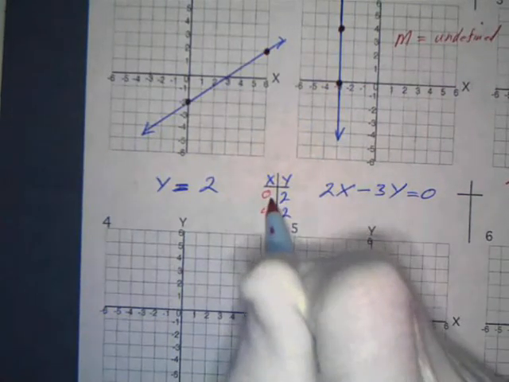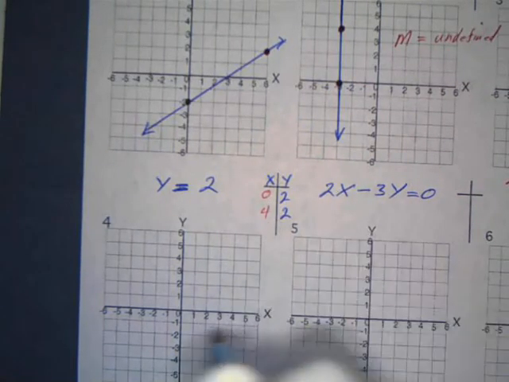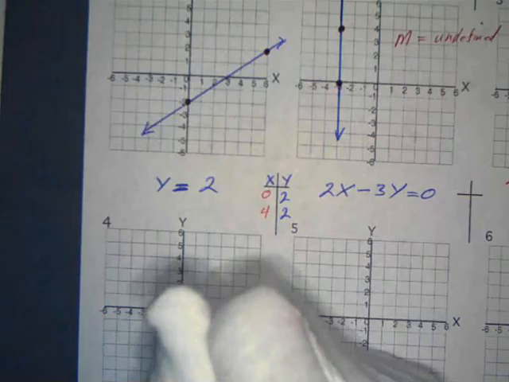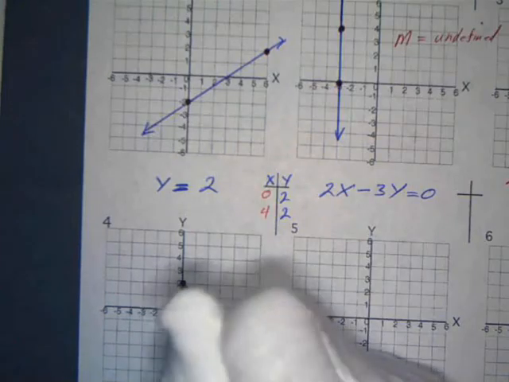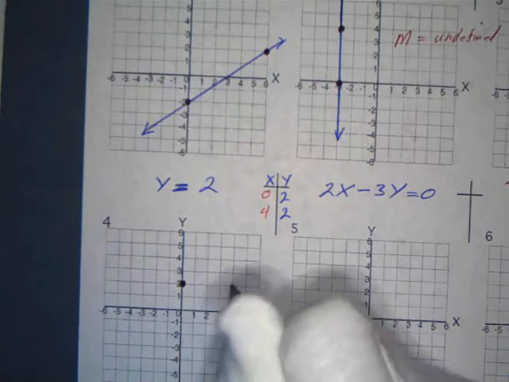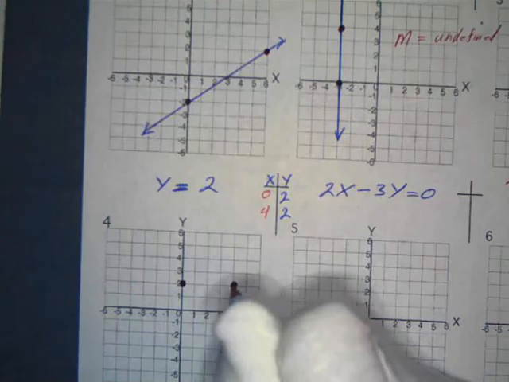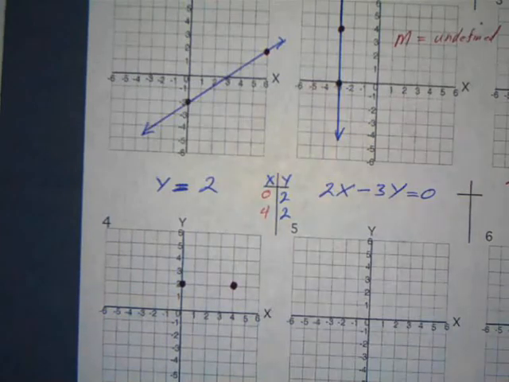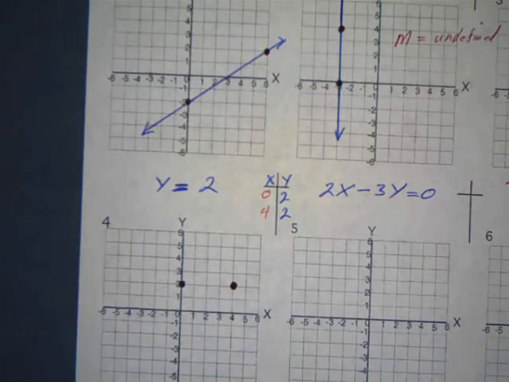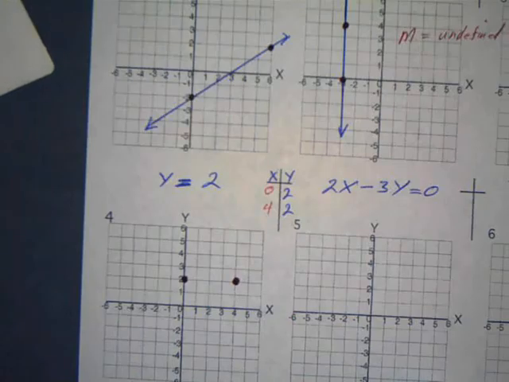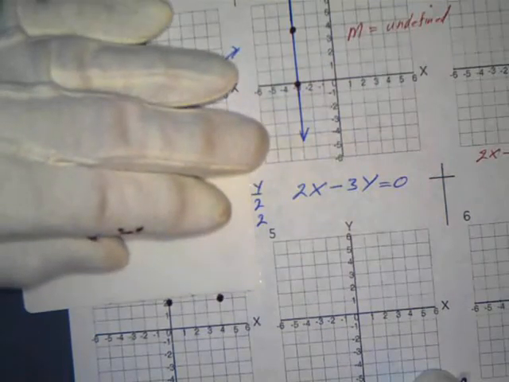So I'll put my point in when x is 0, y is 2. And when x is 4, y is 2. And we have a horizontal line. And any point on that line, the y will be 2. That whole line is 2 units above the x-axis.